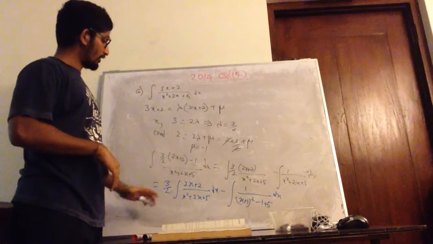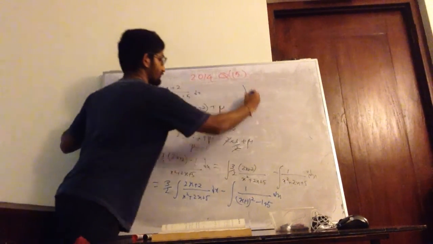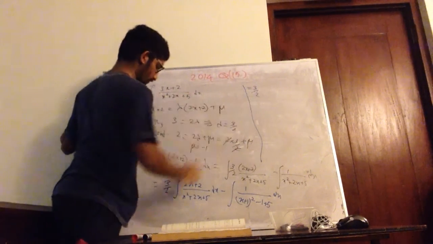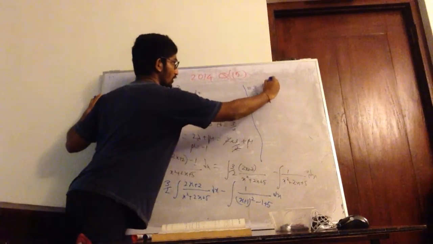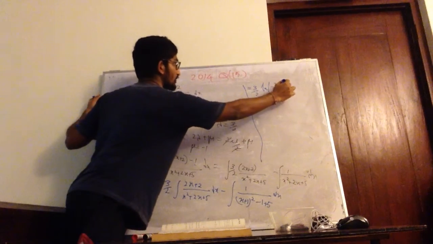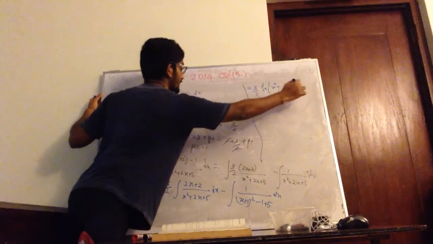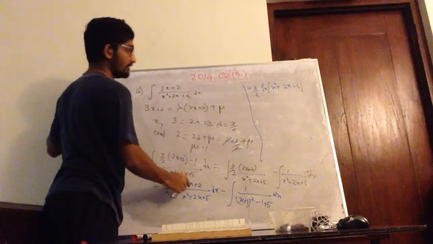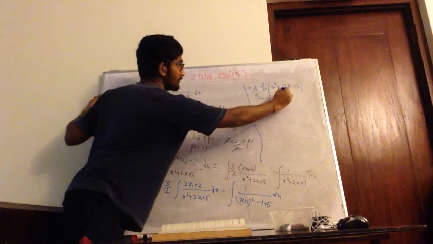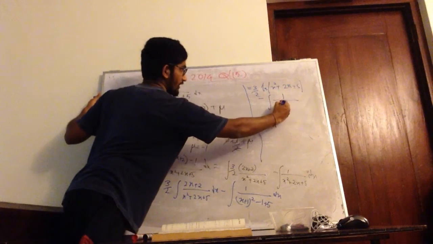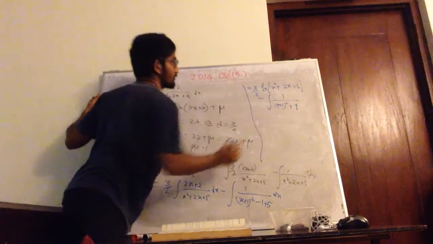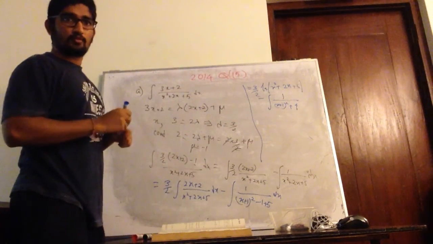Right? So if you come here, then you will get 3 over 2 ln of (x squared plus 2x plus 5), because this is the basic differentiation of this, minus the integration of 1 over (x plus 1) squared plus 2 squared.